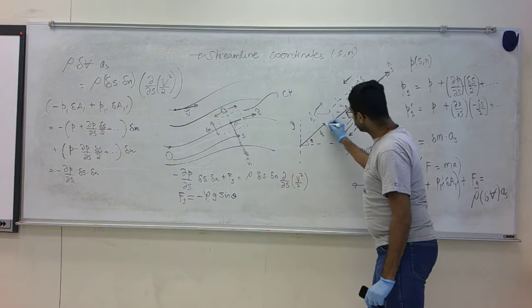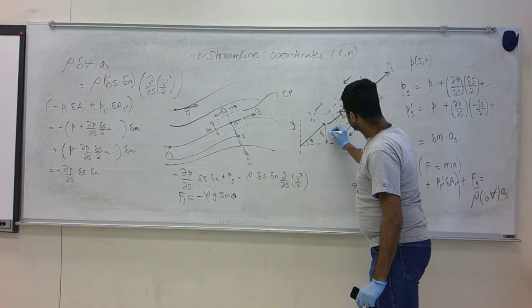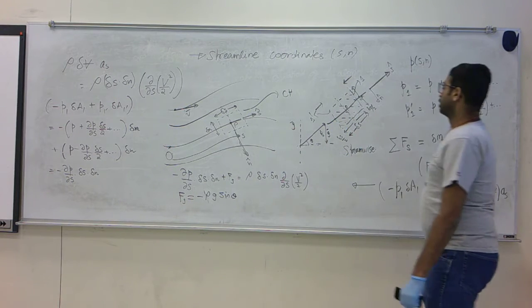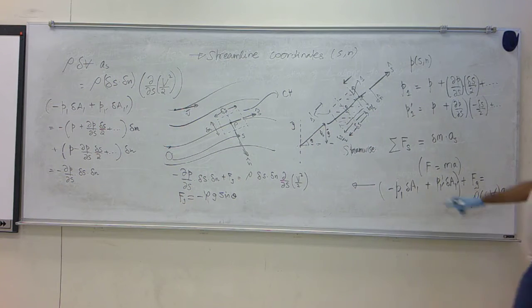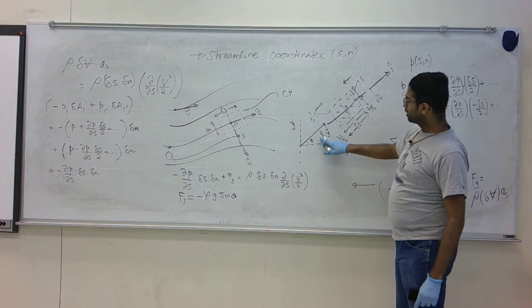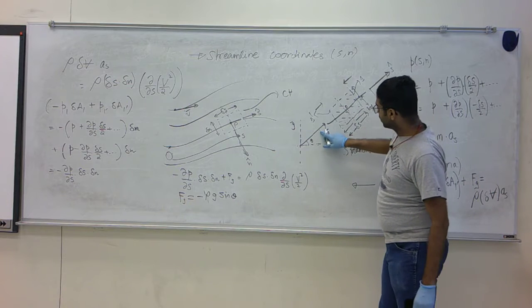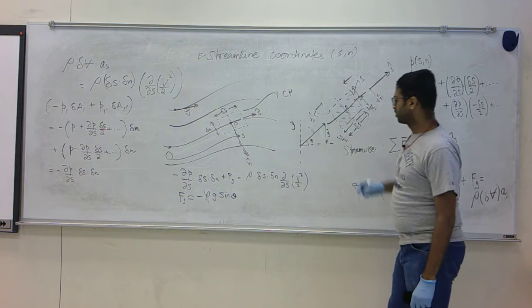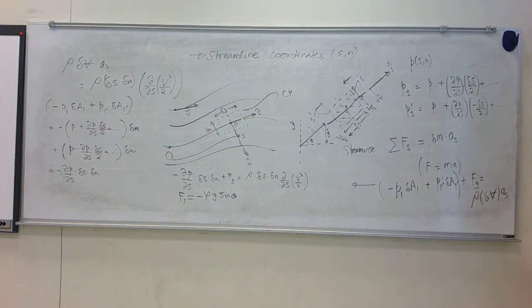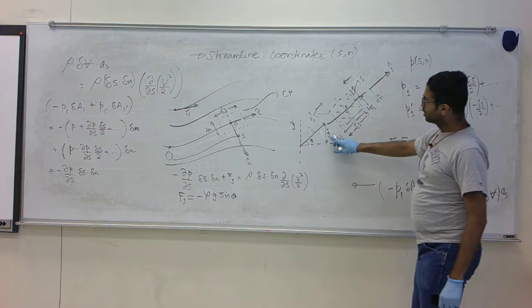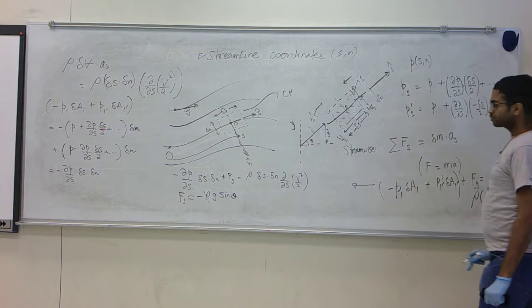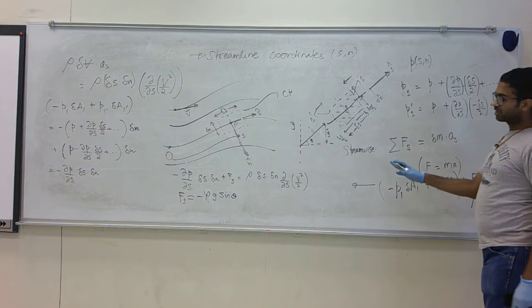It's basically the direction between the vertical and the streamwise direction. So this would be S cap. Okay, it would be the direction between G and S. You don't have to worry about sine theta.